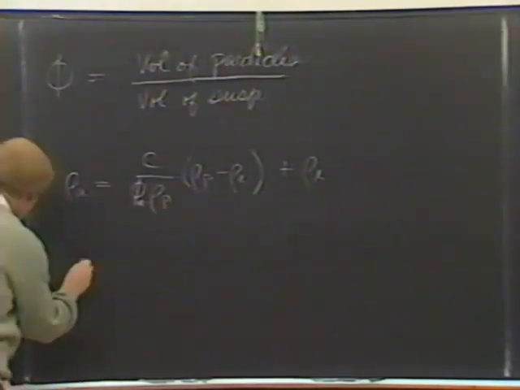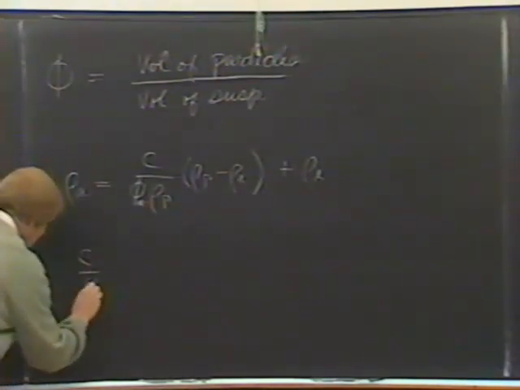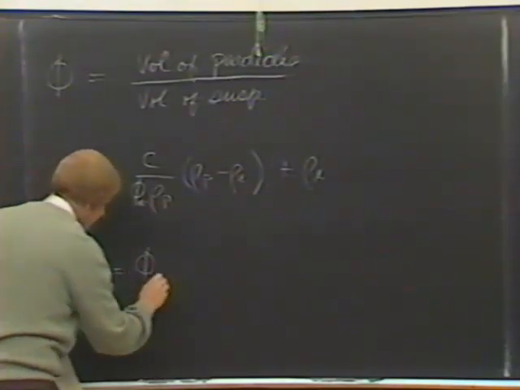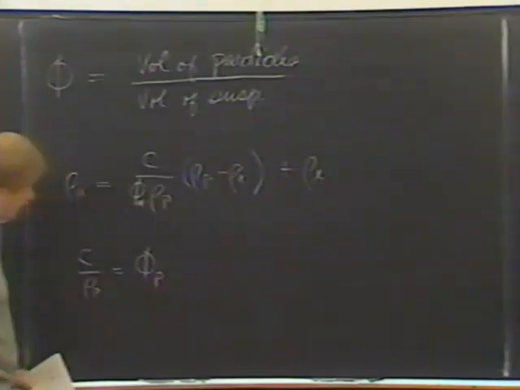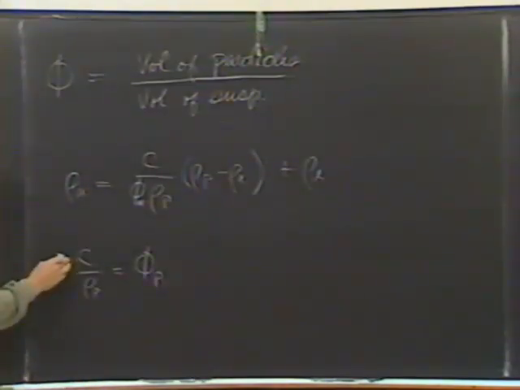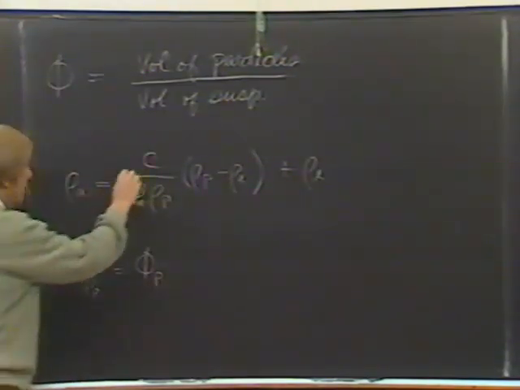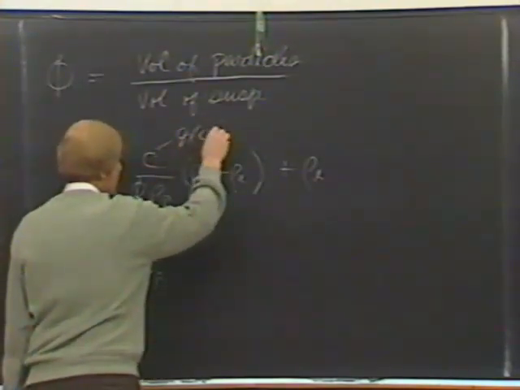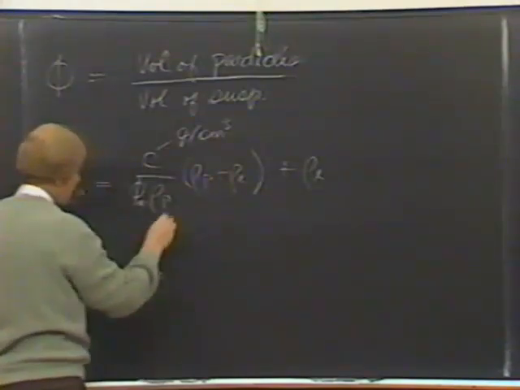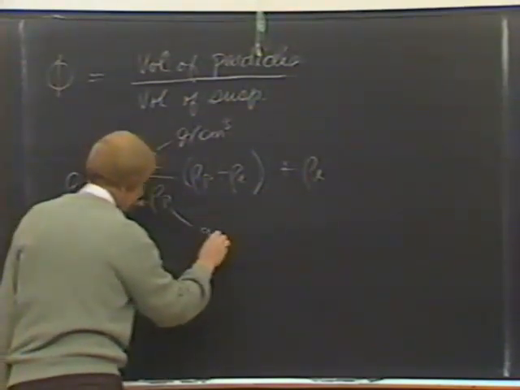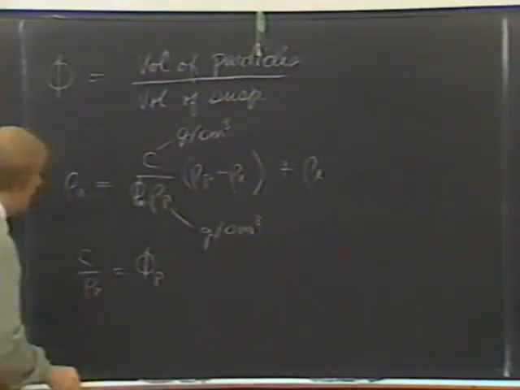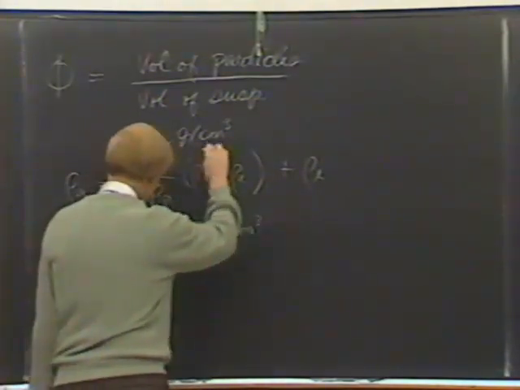This C over rho P is equal to the volume fraction of the particles. I'll call it phi sub P. This is grams, that is, if you use the right units. This is grams per centimeter cubed concentration. This is grams per centimeter cubed mass concentration.